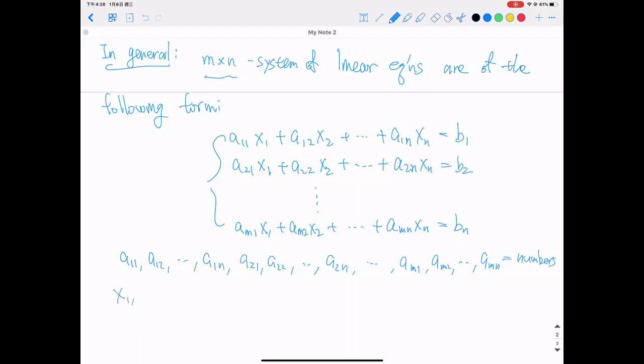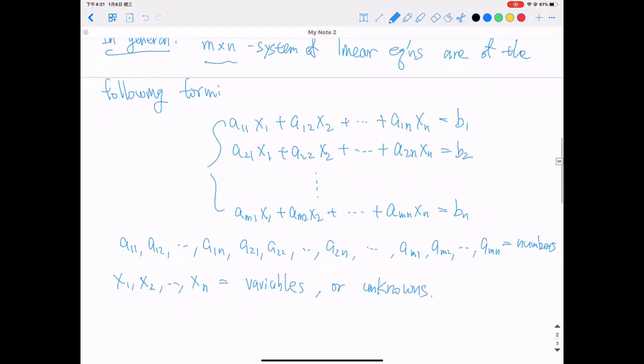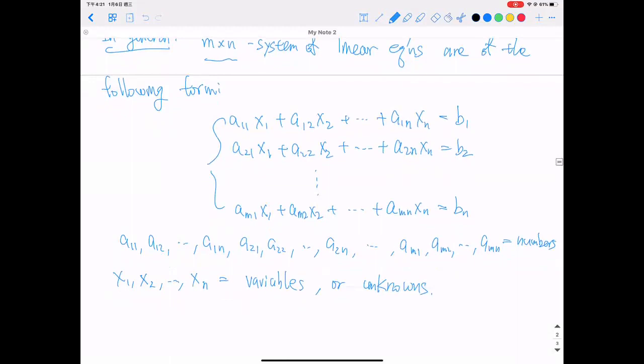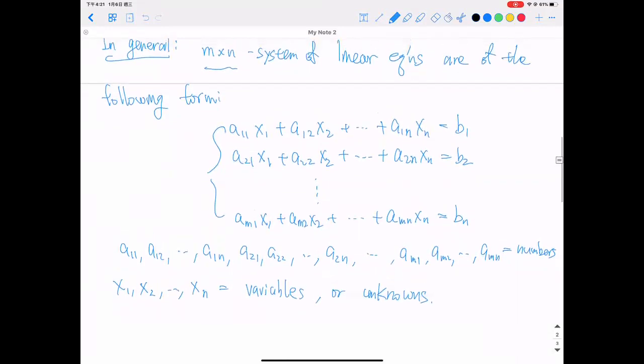Now x1, x2, xn, these are variables or unknowns. Okay, so in general, that's what we call an m by n system of linear equations.